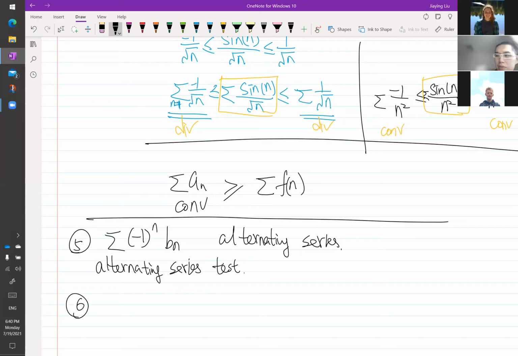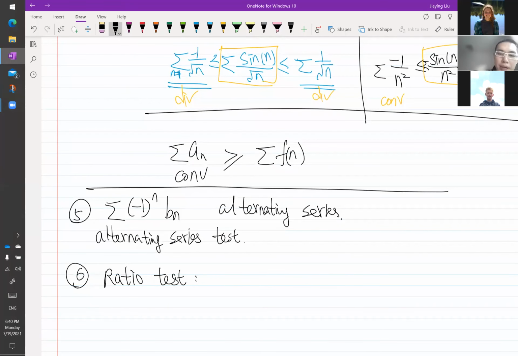The next one will be the ratio test. Some of you probably like to use the ratio test more often than others, but it is very useful if we have factorials. If an has factorials in it, or just a constant raised to a power, it's probably good to try the ratio test.